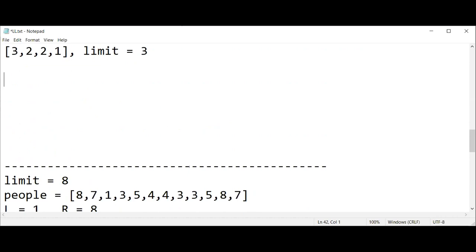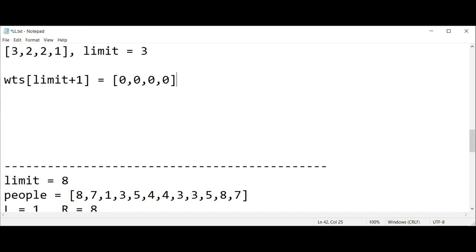First, we can set a weight array, which will be of size limit plus 1. Here we initialize all the values to 0. Like the limit is 3, so we'll have 4 elements. Now we go through the array and iterate through it.